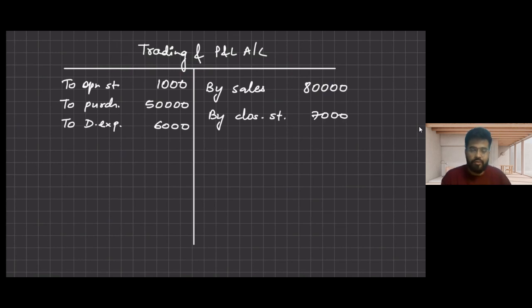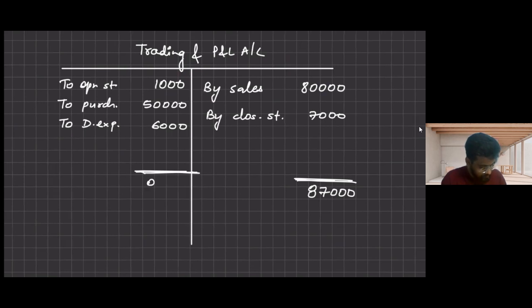So this is the information which they have given us for the trading part. When I am doing the total of both the sides, on the credit side it is 87,000, and on the debit side, currently, it is 57,000. So what is the difference? The balancing figure is 30,000, that is your gross profit.